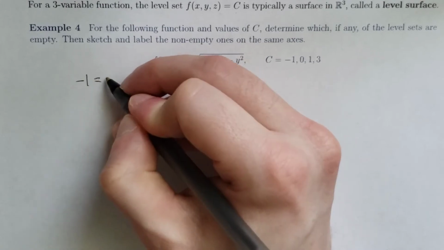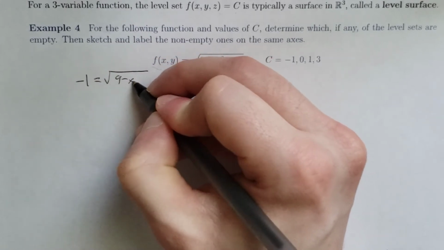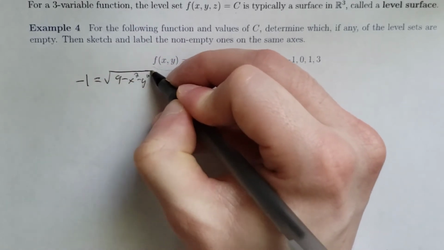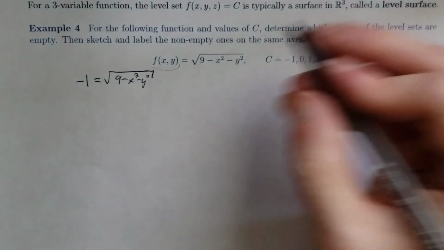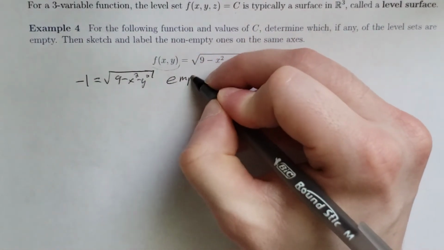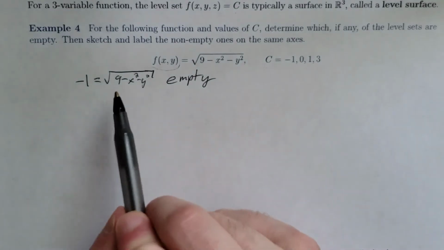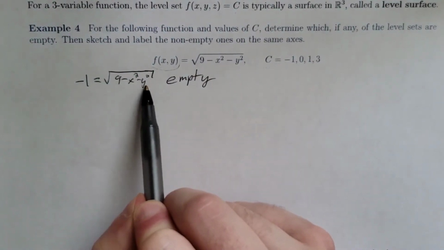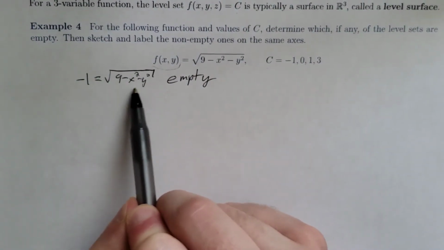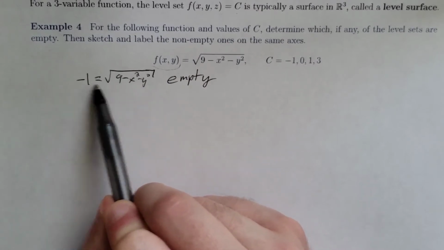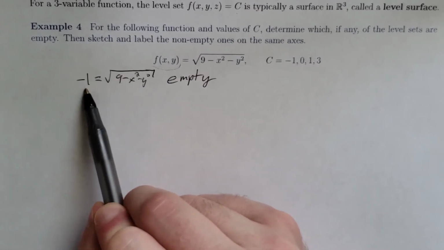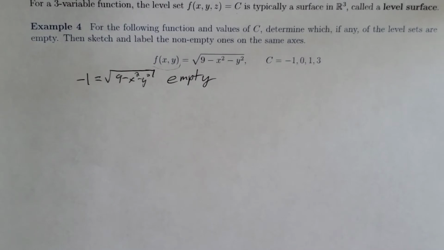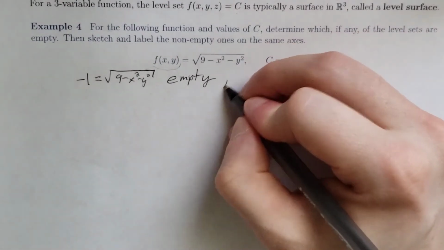Negative 1 is equal to the square root of 9 minus x squared minus y squared. Well, this level set is empty. Now, why is that? Well, none of those x and y values can possibly make this output negative 1. What about the next one?